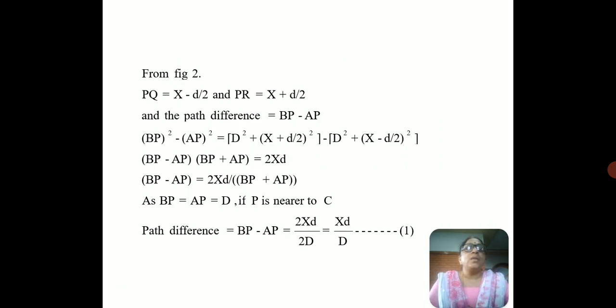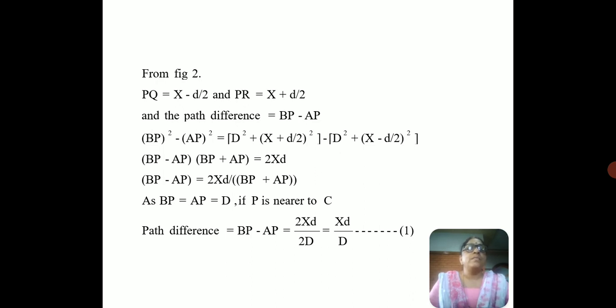As PQ is equal to x minus d by 2, PR is equal to x plus d by 2, and the path difference is BP minus AP. So, BP square minus AP square equals D square plus (x plus d by 2) whole square, minus D square plus (x minus d by 2) whole square.